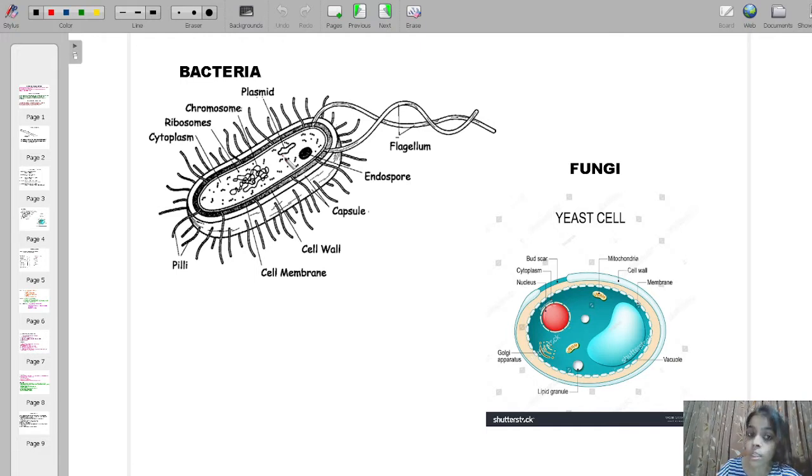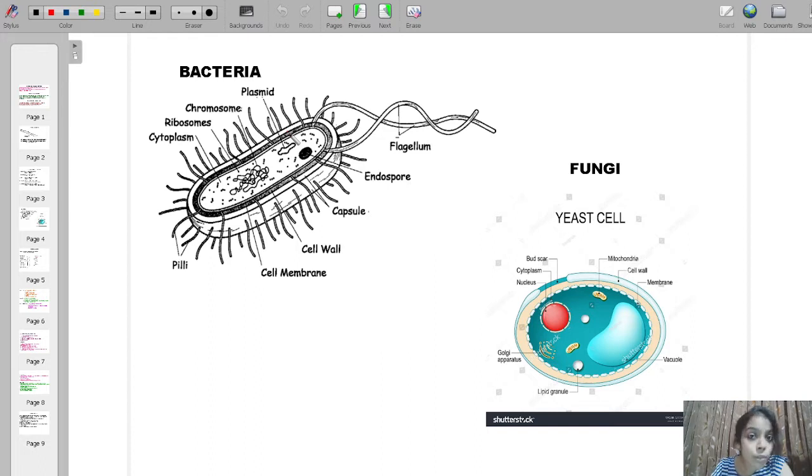Outside of what? Outside of this chromatin material. So outside this chromatin material, there is one circular strand, a double-stranded DNA molecule which is circular in shape, and it's known as plasmid. So that is why extra chromosomal DNA.